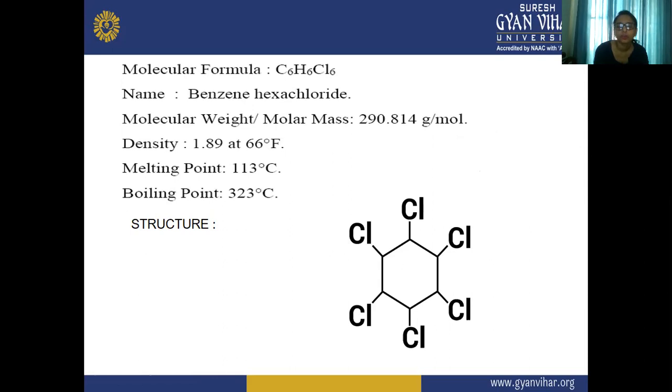Its molecular weight or molecular mass is 290.814 grams per mole, its density is 1.89 at 66 degrees Fahrenheit, and its boiling point is 323 degrees centigrade. And the structure is this. Here 6 chlorines are attached to the 6 carbon atoms of this benzene-like structure. So it is known as benzene hexachloride.